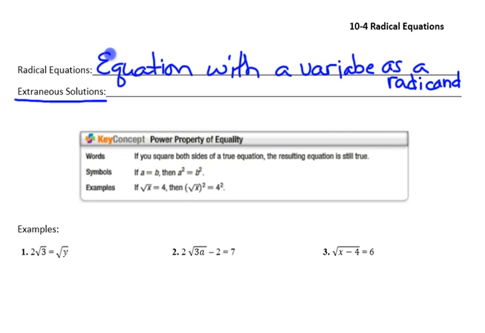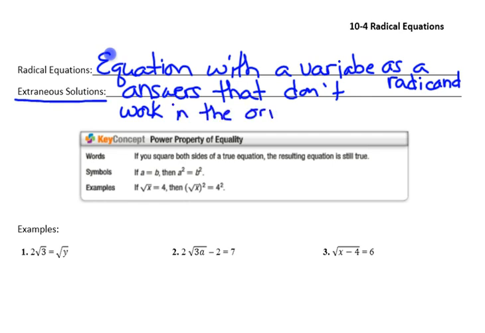So extraneous solutions are answers that don't work in the original. Which means sometimes you have to reject them, and that's one of my favorite parts to do.